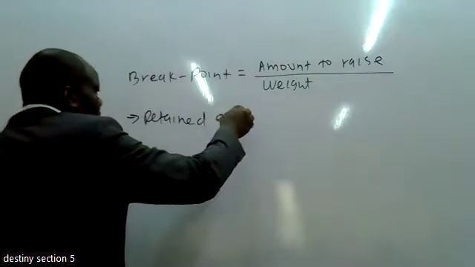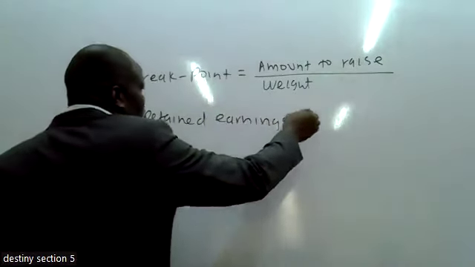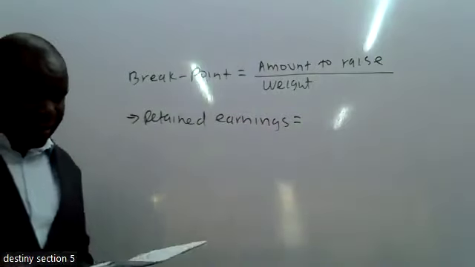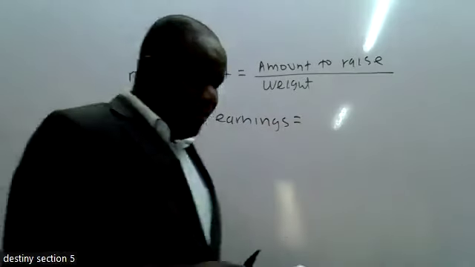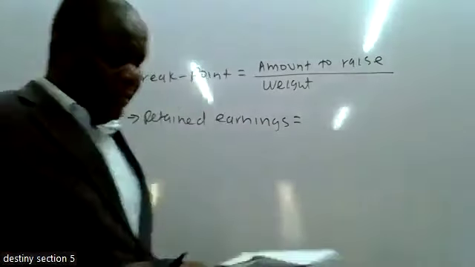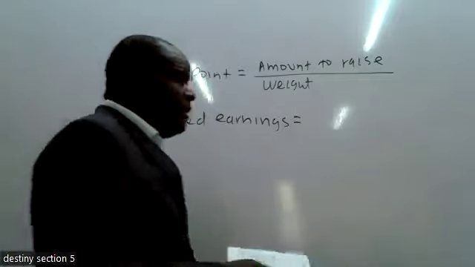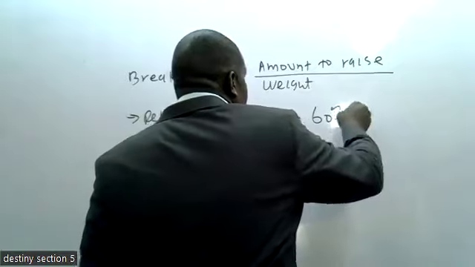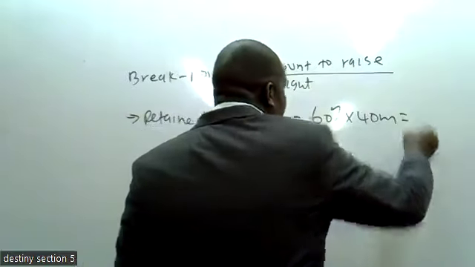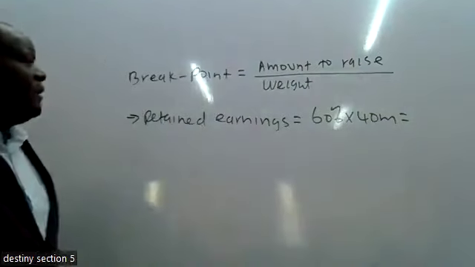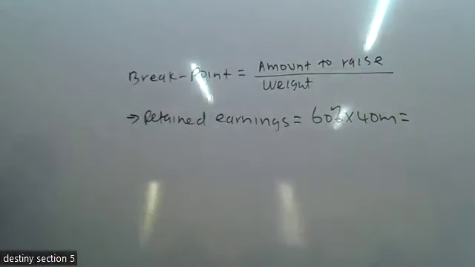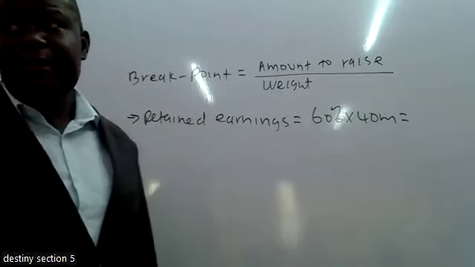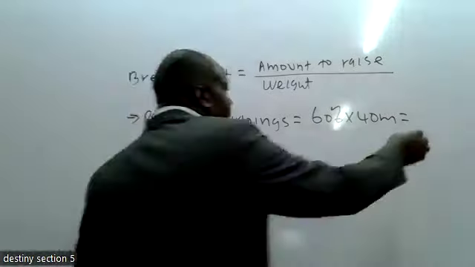To get the amount to raise from the retained earnings, you use note number 3, where they pay out 40%, which means the retained earnings is 60%. So we get 60% of 40 million, which gives us 24 million.